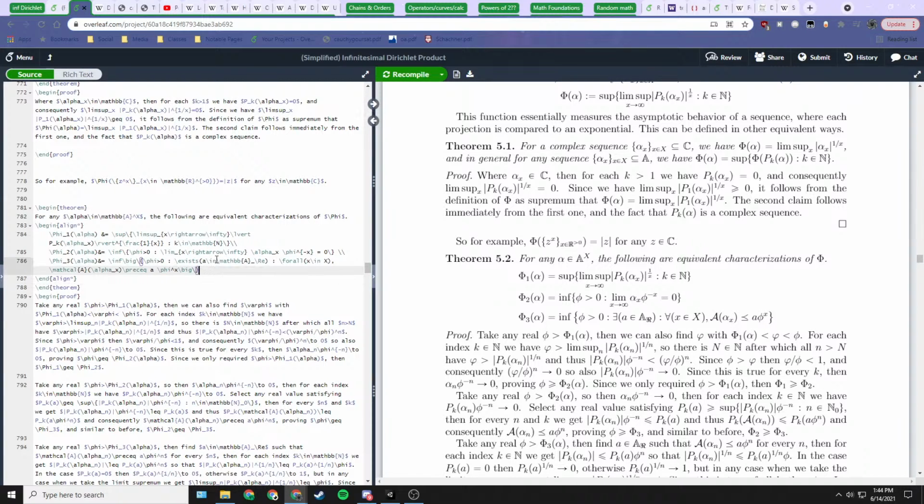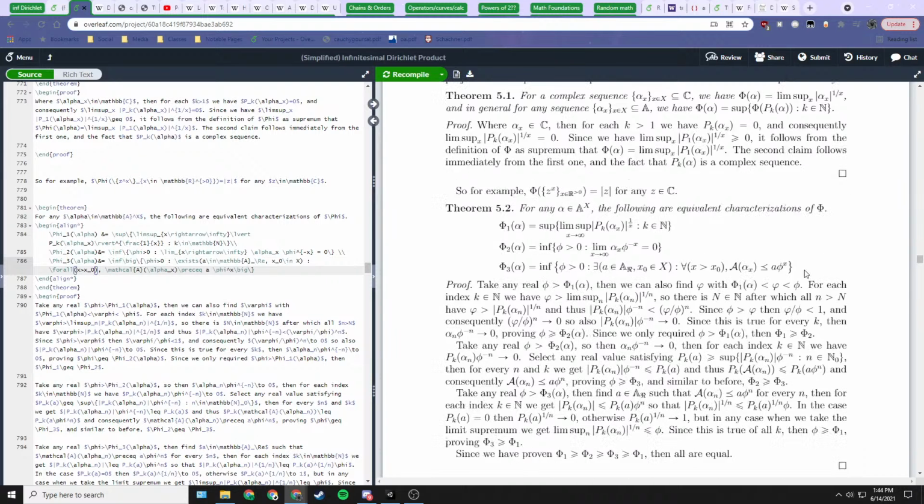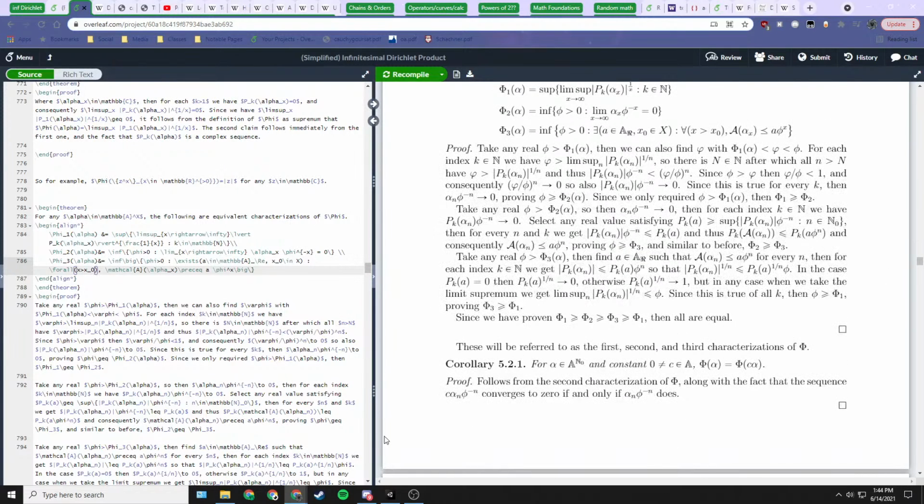That would be big O notation, and that's actually what we want. So we can say A in real and x0 in x such that for all x greater than x0 we have this. And I think that would fix it. This should hopefully be fine.